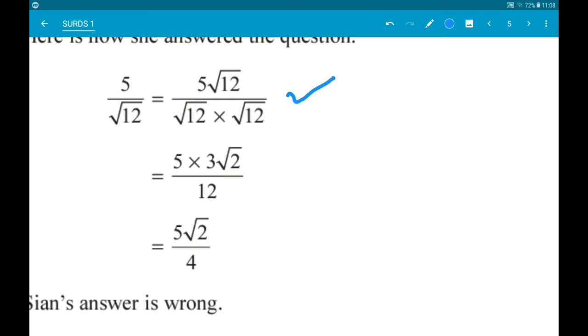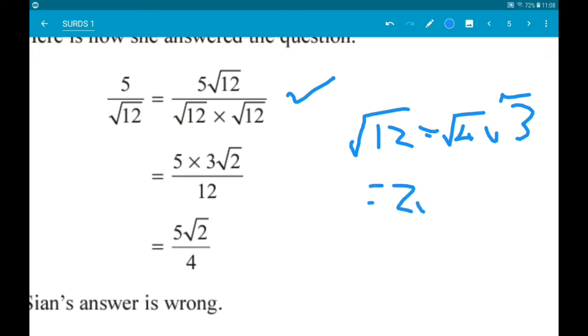But root 12 is root 4 root 3, which is 2 root 3. So, a mistake is here.